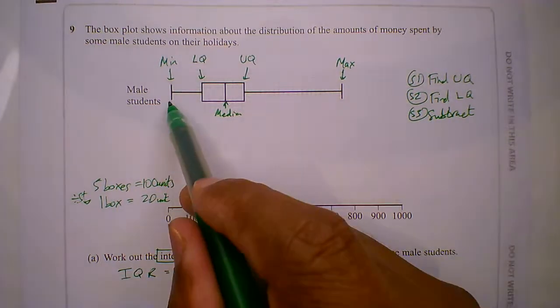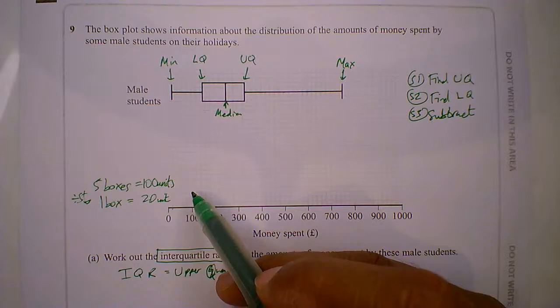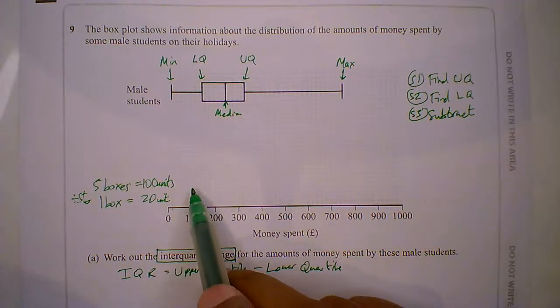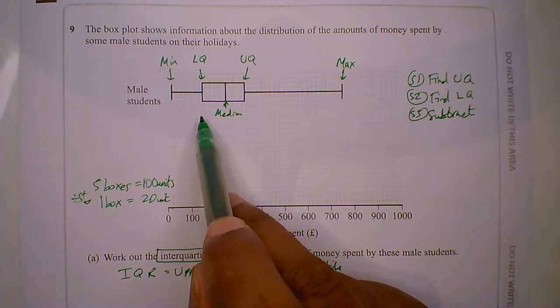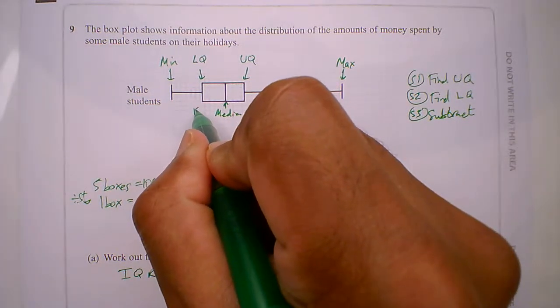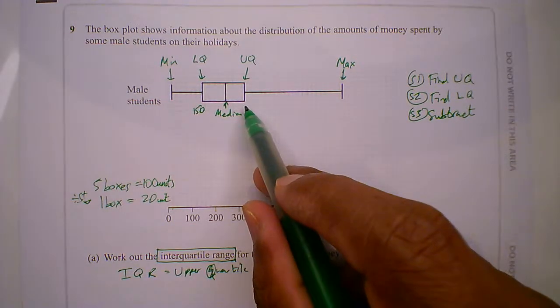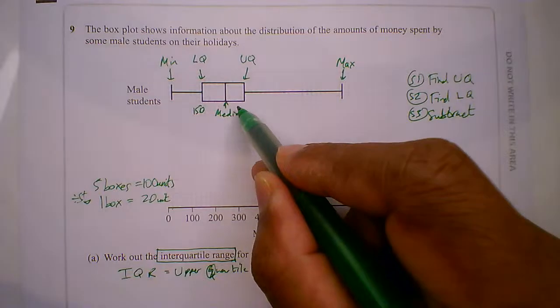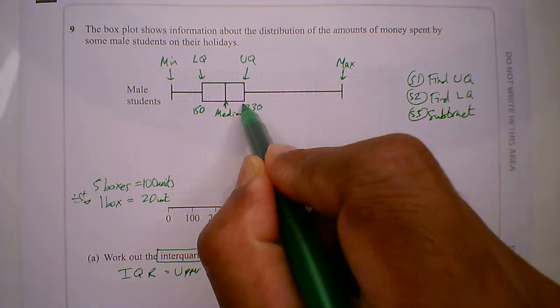So if I look closely, this is in between 100 and 200, so this is 150. If I look at my upper quartile, it's 300 and then 1.5 boxes, so this is 330.